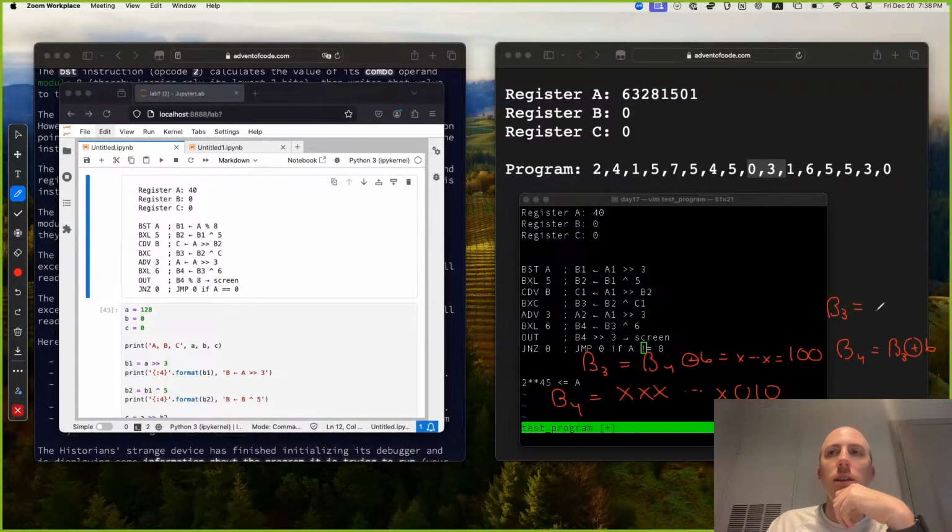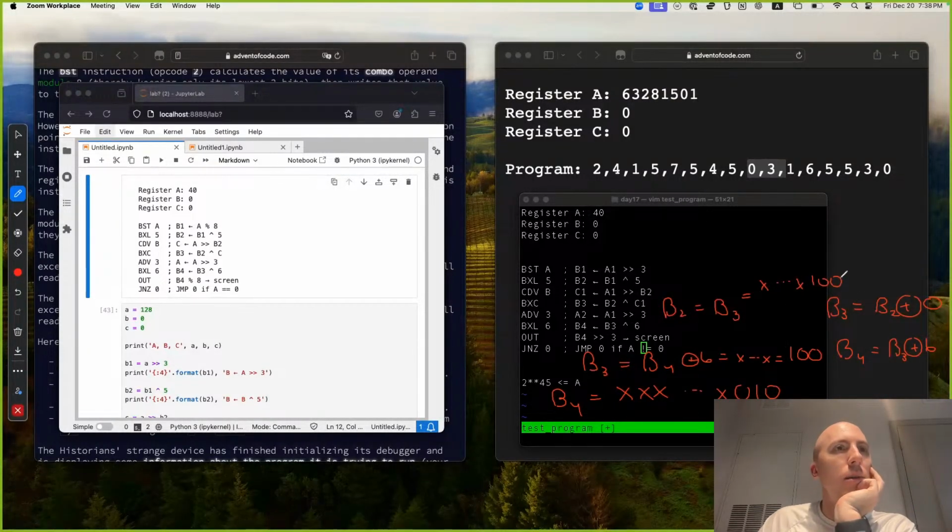Let's just say C doesn't exist, it's just 0. So you basically just have that B2 is equal to B3 for now. So it's still going to be of the same form, like 100. And just to confirm, to play it out forwards, if you XOR this thing with 6, then you get 010?